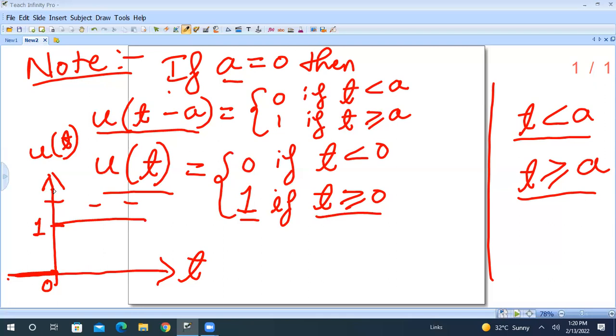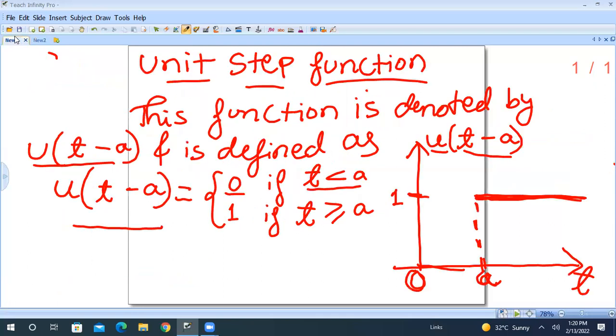Like this we denote the unit step function. Why is it called a unit step function? Look here, it comes like a step. So we assumed this as the unit step function. Okay, we'll go for the next theorem.